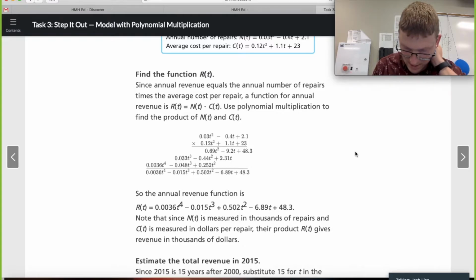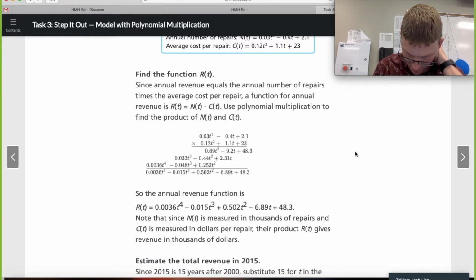They're going to work right to left. So 23 times this number, 0.69 t squared, minus 23 times this number right there, and then 23 times 2.1 is that guy right there.